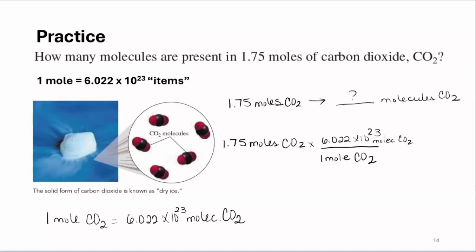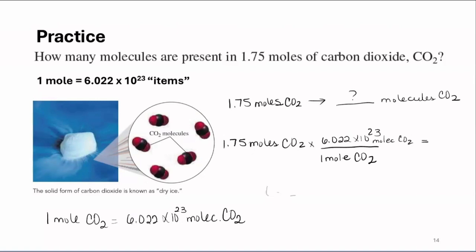molecules of CO2. So in your calculator, what you have to do is multiply 1.75 times 6.022 times 10 to the 23rd. The calculator display shows 1.05385 times 10 to the 24. But in this problem, since we have 3 sig figs given, we need to round it to 3 sig figs.